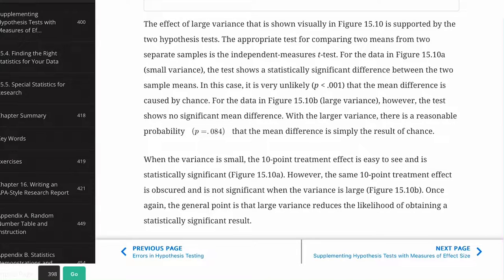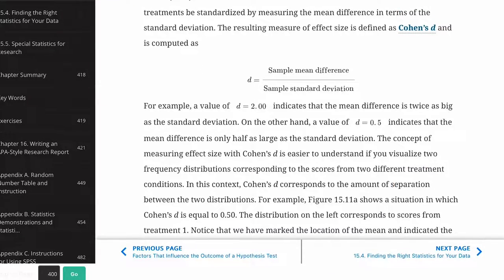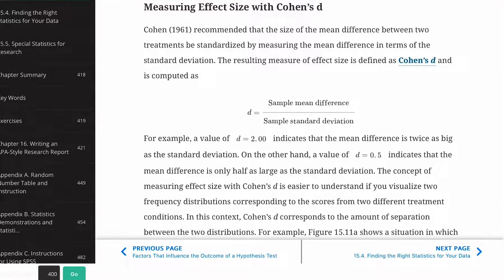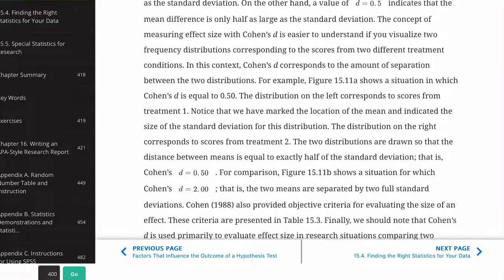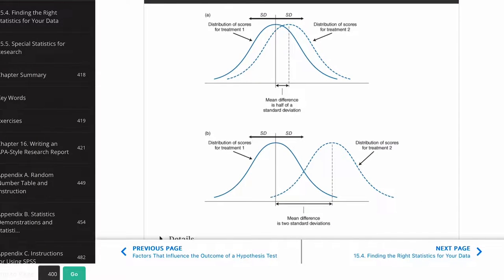Now I'll show you what this looks like. So Cohen's d, there's the basic idea there. It's the sample mean difference divided by the sample standard deviation. And that basically is telling you, if you got 2, that would mean that the mean difference is twice as big as the standard deviation. And so it shows you a little graph here of what that looks like.